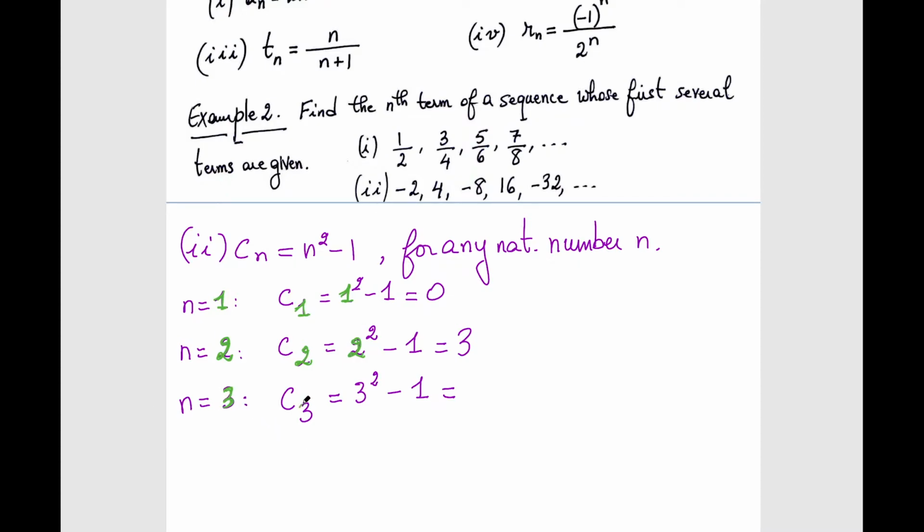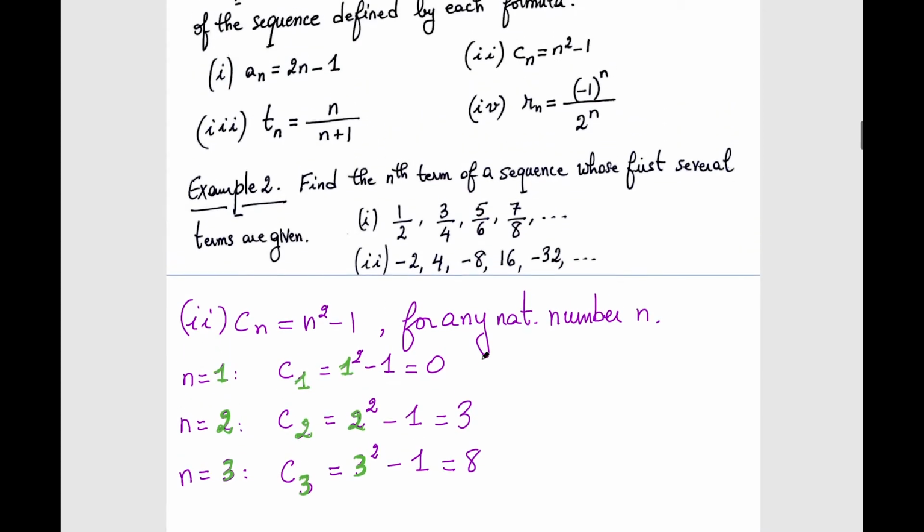That's the n, that's the n, and that's the n, right? According to this recipe, that n and this one are the same. So whichever value takes place here is also going to sit here. That's what I'm doing. So what's the third term then? 3 squared minus 1 is 8. Correct?